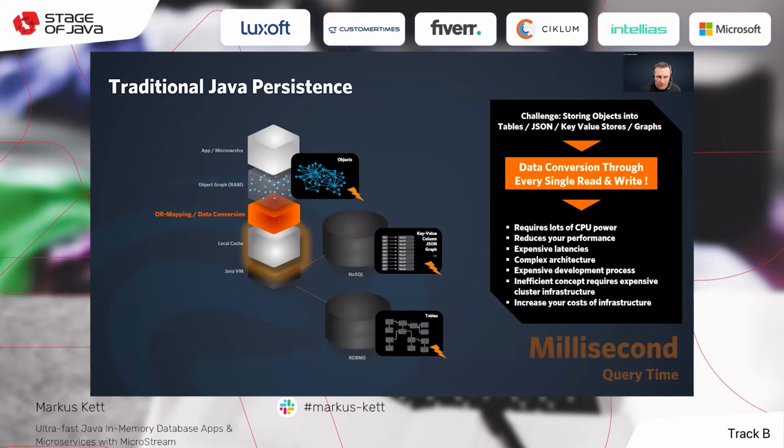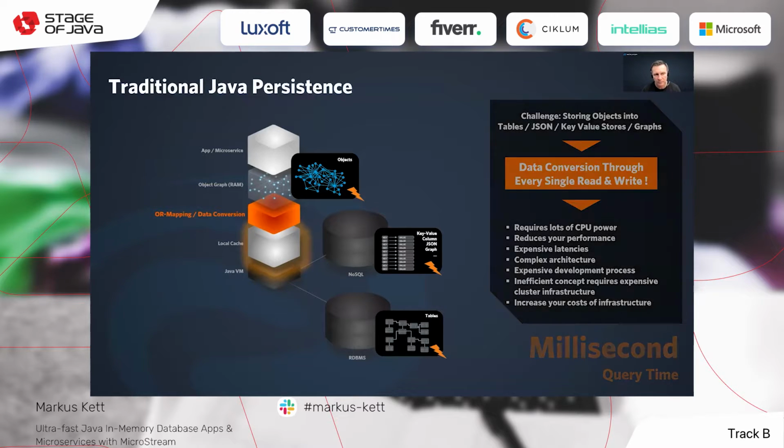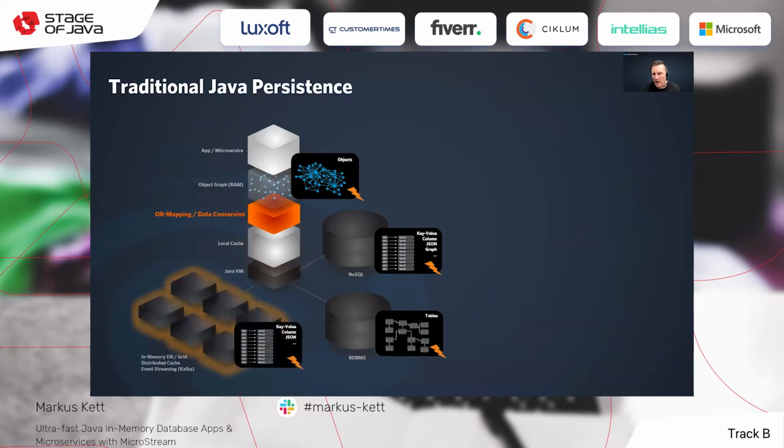In practice, we sometimes add another caching layer. So now you can try to improve your performance by adding a distributed cache. You can also add, for instance, an in-memory data grid, or use an in-memory database. You can also use event streaming like Kafka.